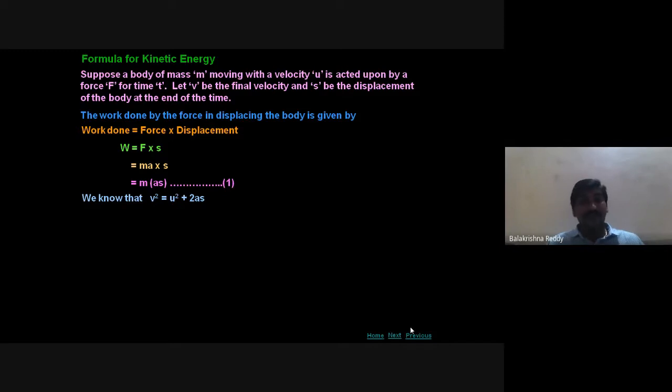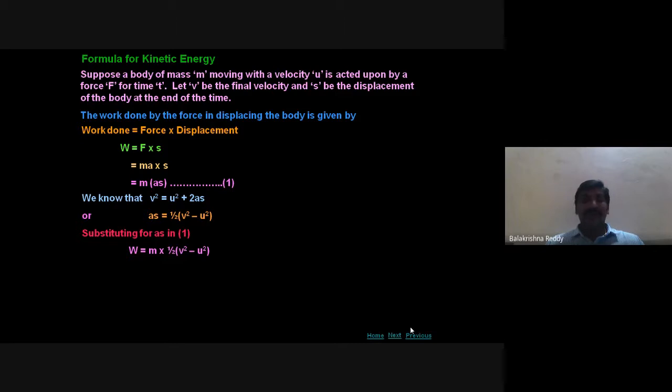With the help of the third equation of motion, v square minus u square equals 2as, I make a the subject. Therefore a s is equal to half of v square minus u square. This a s I substitute in equation 1.